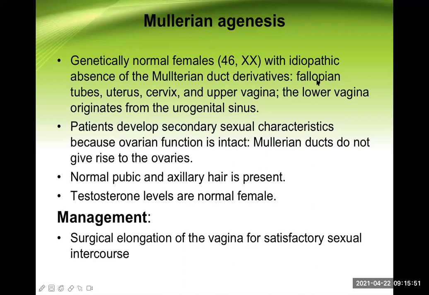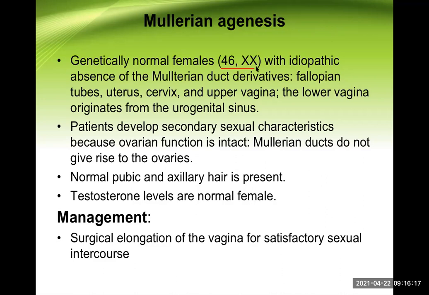Very good. This duct is very essential for the development of most of the inner genital organs of the female. The lower part of the vagina is not formed by that, but most of the other structures are formed by that, except ovaries. Genetically, what is the genotypic sex?